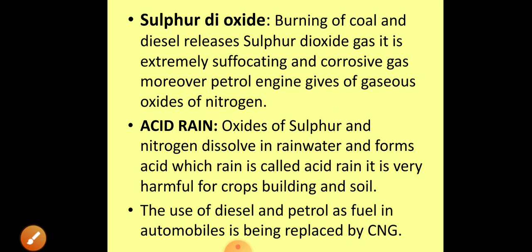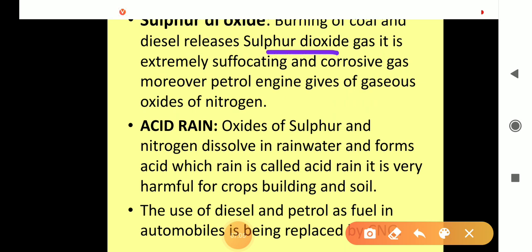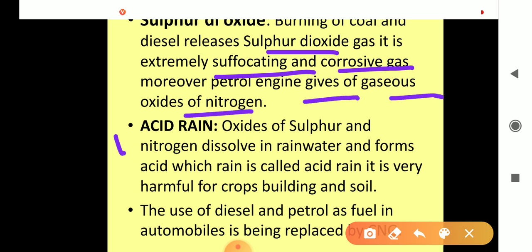Okay, now next gas is sulfur dioxide. Burning of coal and diesel releases sulfur dioxide gas. It is an extremely suffocating and corrosive gas, right? Moreover, the petrol engine gives gaseous oxides of nitrogen. Now next is acid rain.